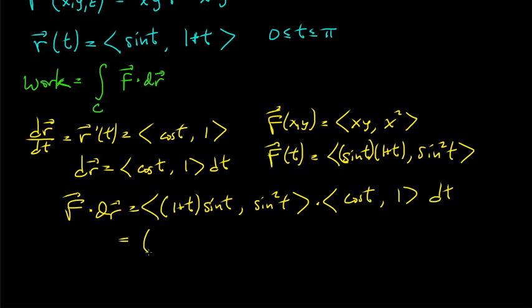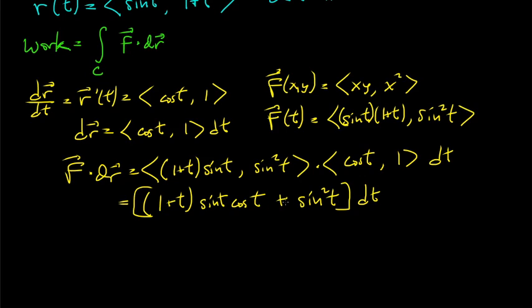So that's just going to be 1 plus t times sine t times cosine t, plus sine squared t times 1, or just sine squared t. And this will be all times dt. So that's the function we're integrating, this rather horrible function here: 1 plus t times sine t cosine t plus sine squared t.